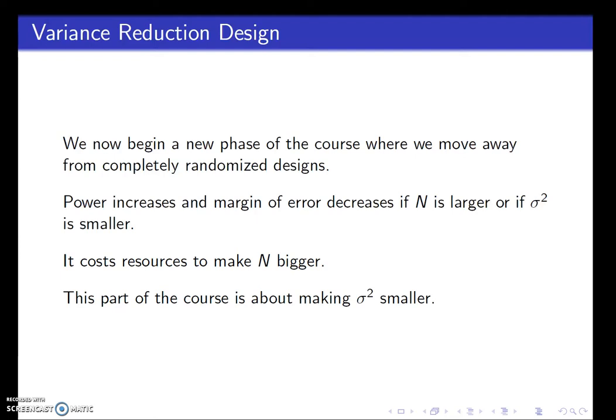Making our sample size bigger isn't going to help if we have uncontrolled sources of heterogeneity in our response. Instead, if we can block out some of these sources of heterogeneity, then we can actually increase power substantially without actually having to make N bigger. And this is one of the payoffs and strengths of using blocking effectively in experimental design.